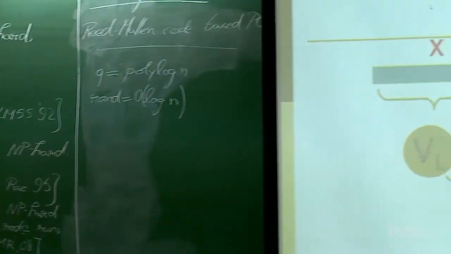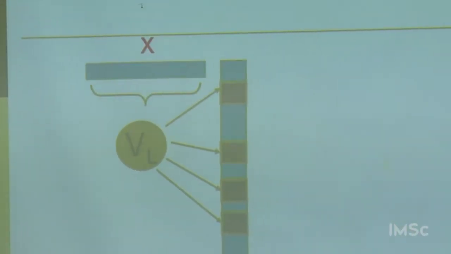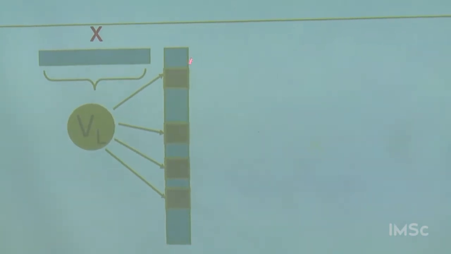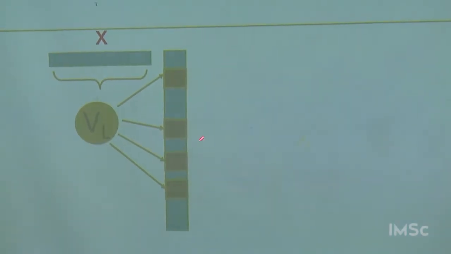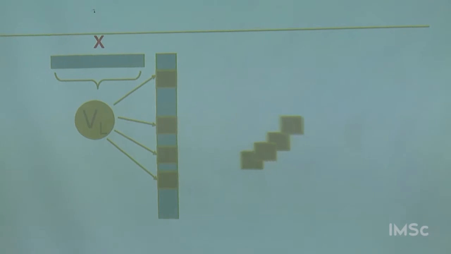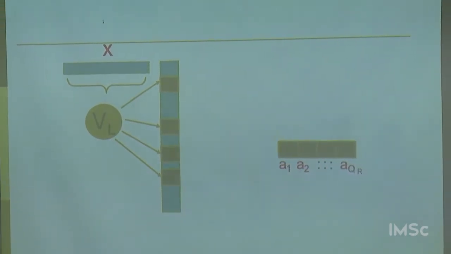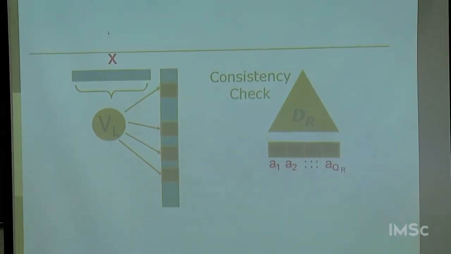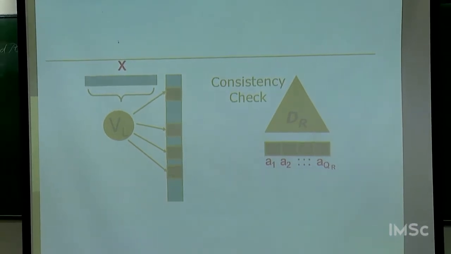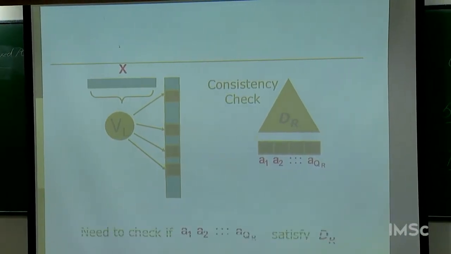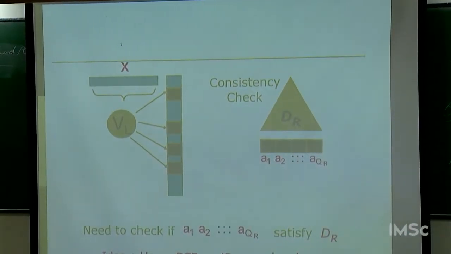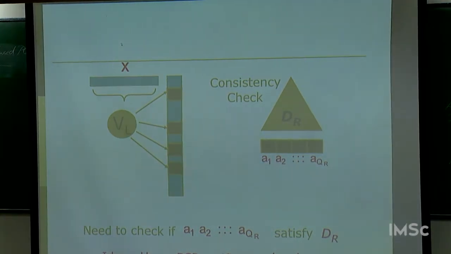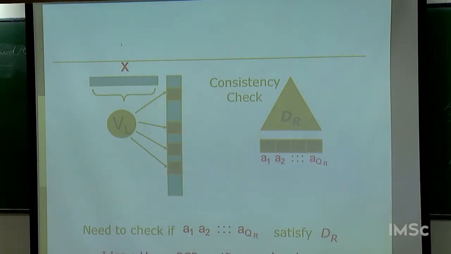So let's look at what we need to do. This is a small local view, say a polylog n view or a square root n view. I want to make it even smaller. So what do we need to check? I need to check that these local bits satisfy some local consistency test without reading all the bits completely. And as I mentioned, the idea is to use another PCP verifier to do this process.